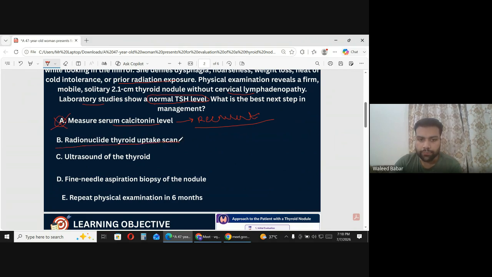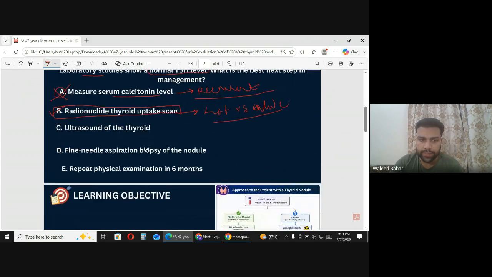Radionuclide scan, we perform this investigation to differentiate hot nodule from cold nodule, and we are going to select this option if the TSH was low, or if we had the suspicion of hyperthyroidism. Then we will select option B. We will come to the option C later.